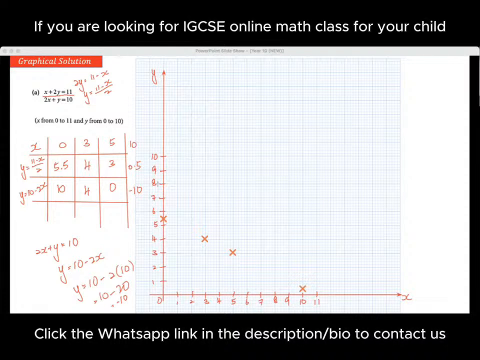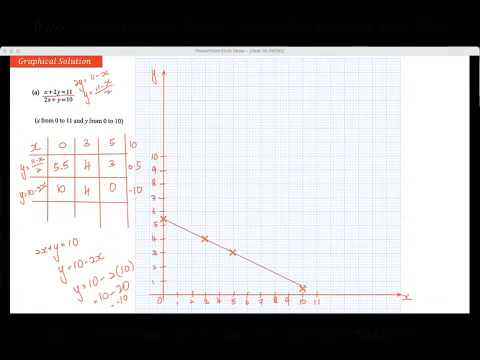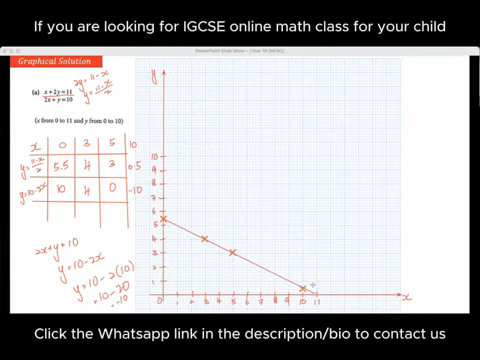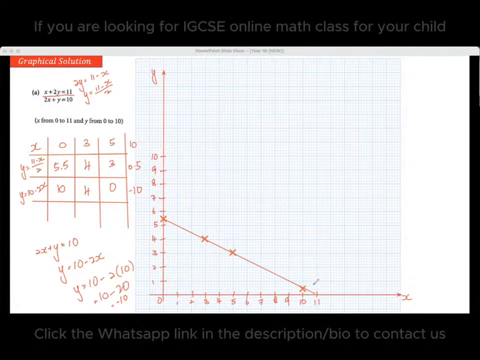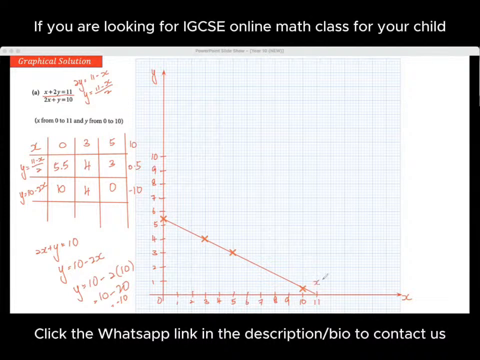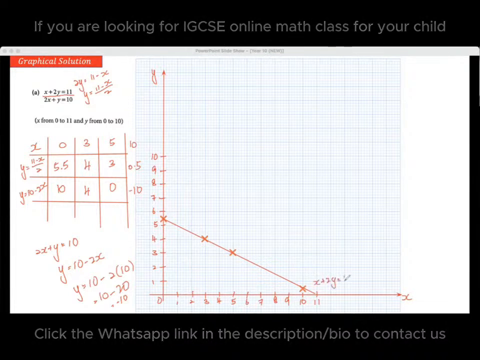Then you draw a straight line. Then you label it. I will just use the original equation to label it, so it will be x plus 2y equals 11.